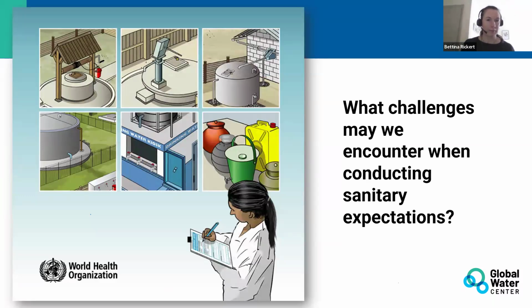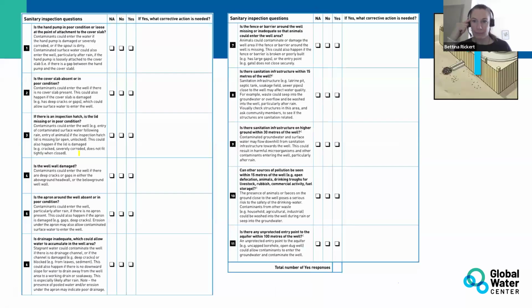Great, so Bellis has just jumped in to say they have a question about the apron. So we can go back to the sanitary inspection we were looking at. Here we go. So Bellis, you were wondering about checking if the apron is well compacted. Is that part of the sanitary inspection? It might be a bit small if you're on a phone.